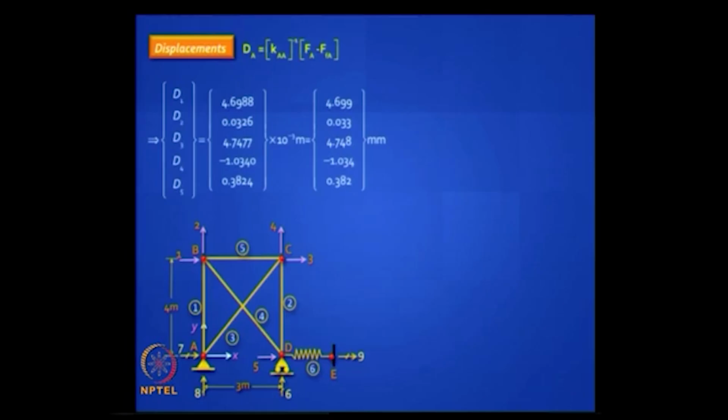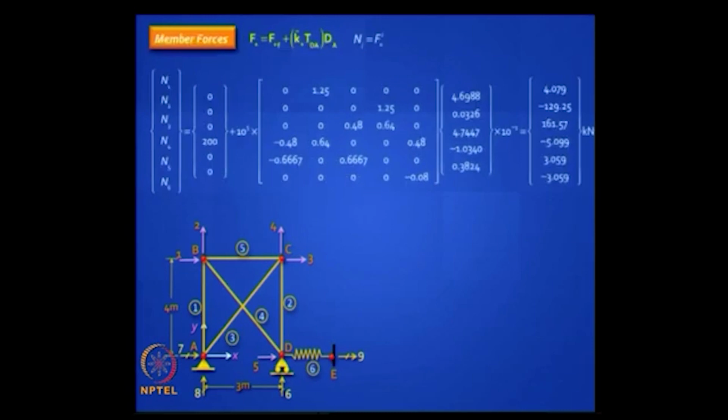You've got the answer, then what do you do next after you've got the solutions? You've got the unknown displacement, but that's not what you really wanted, you wanted the bar forces. So to get the bar forces, you remember you've already computed this and you are ready, you got the initial bar forces, there is one 200 kilonewton already there, this FFA, remember, and then you do this operation, you get these answers.